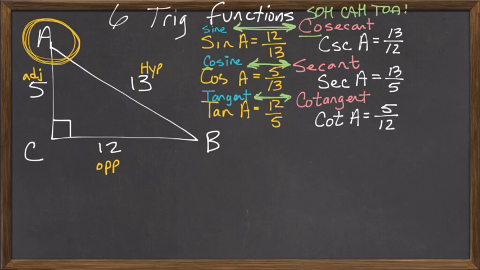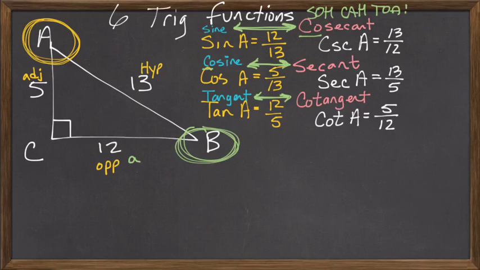We use all 6 of these. With right triangle trigonometry, it's not as crucial to know those, but you'll see why as we progress in our mathematical careers. Secant, cosecant, and cotangent have their uses when we graph trigonometric functions, which we'll get into another time. But it's helpful just to know that sine, cosine, and tangent have other functions that go with them, and they're essentially the reciprocals and the inverses.